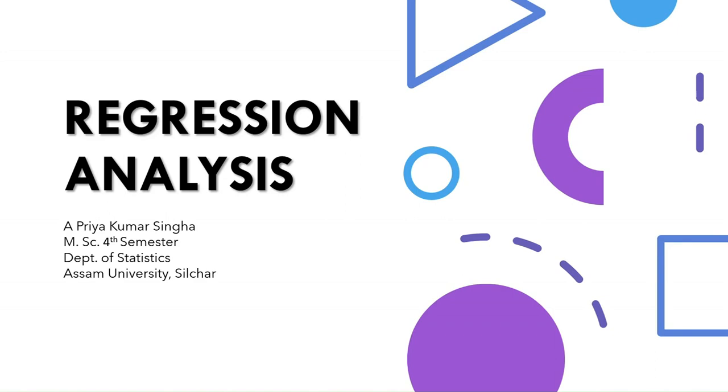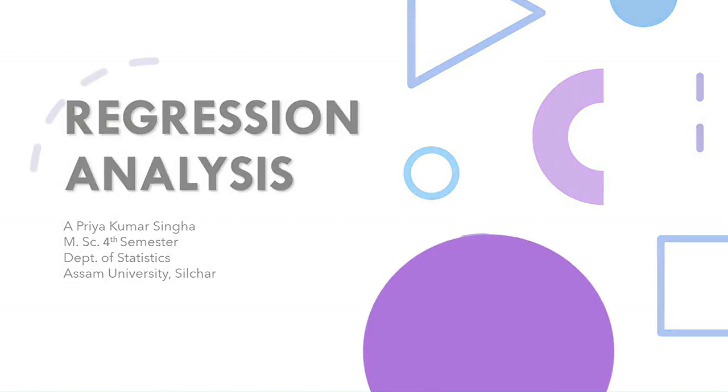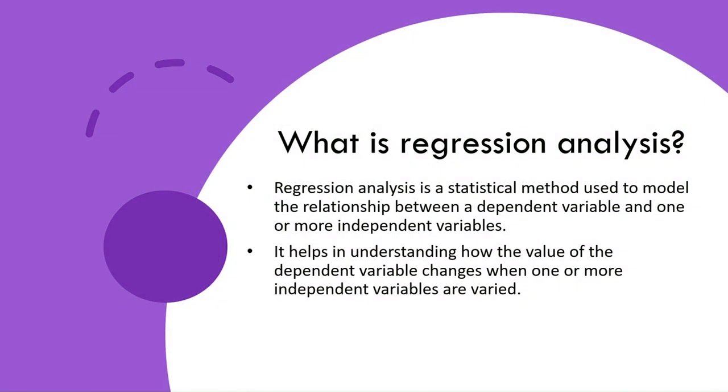So first of all, what is regression analysis? Regression analysis is a statistical method used to model the relationship between a dependent variable and one or more independent variables. Sometimes it can be only one independent variable and sometimes it can be more than one independent variable.